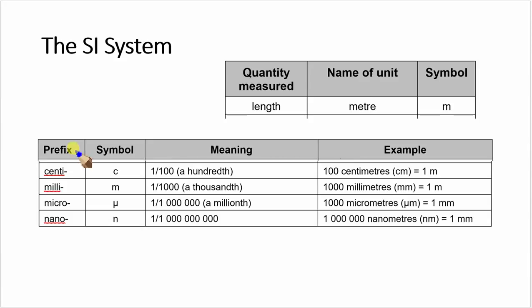So here we've got all the prefixes: centi, milli, micro, nano, and we'll add here pico, and the pico is a lowercase p. So being a prefix, that means they come before.